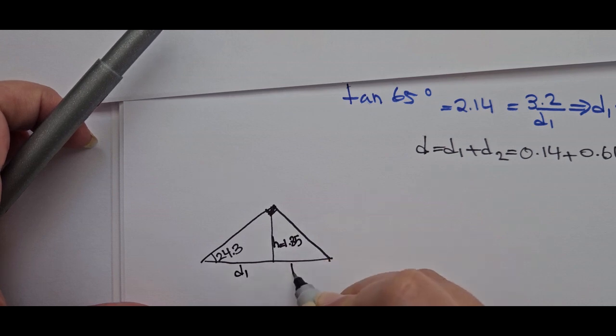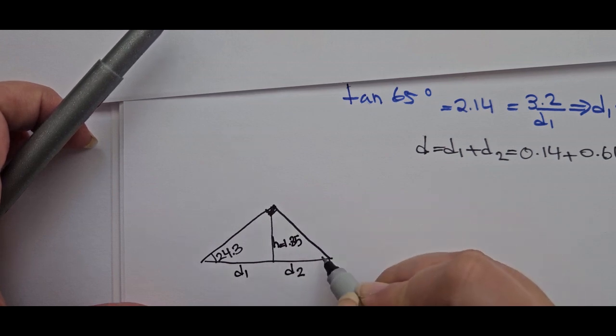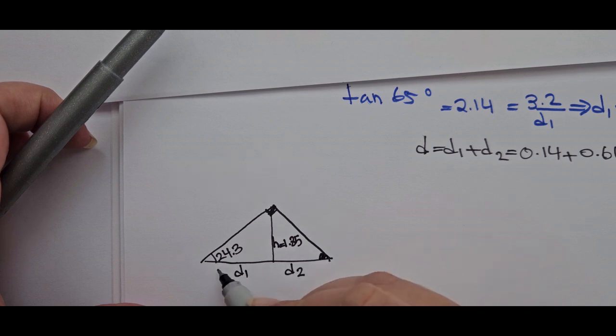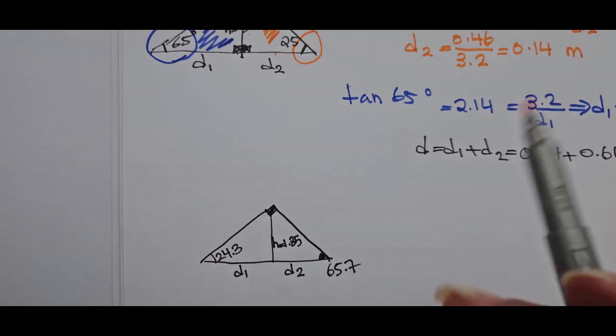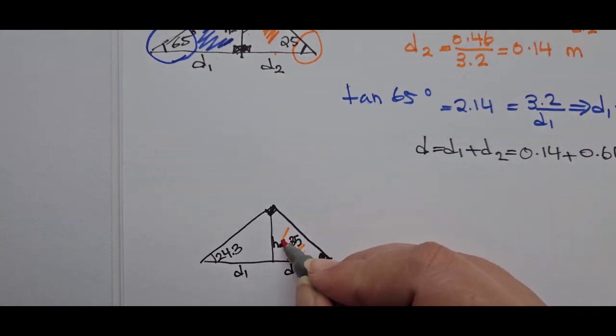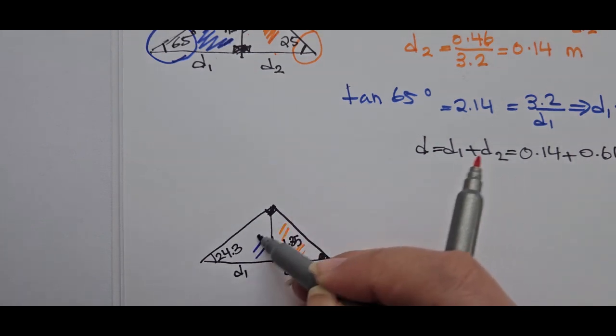This is d1, this is d2, and so if this is 24.3, this one would be 65.7, right? Now I would have two independent triangles, right? Which two triangles? The orange one and then the blue one.